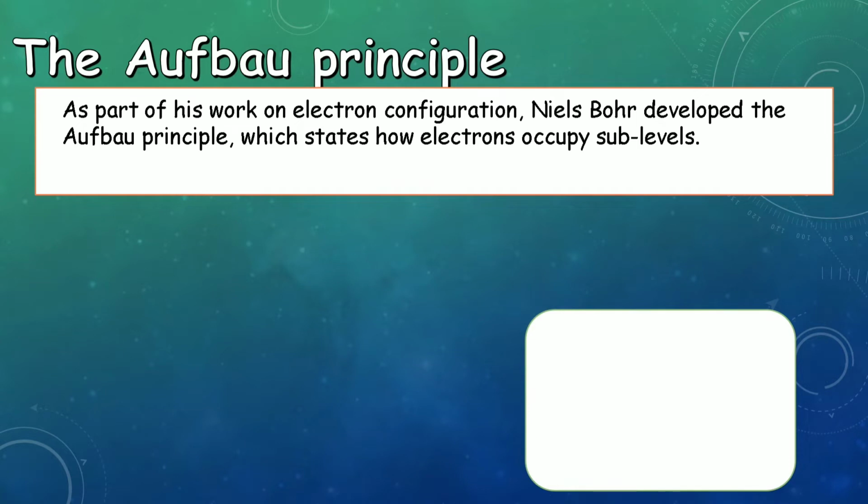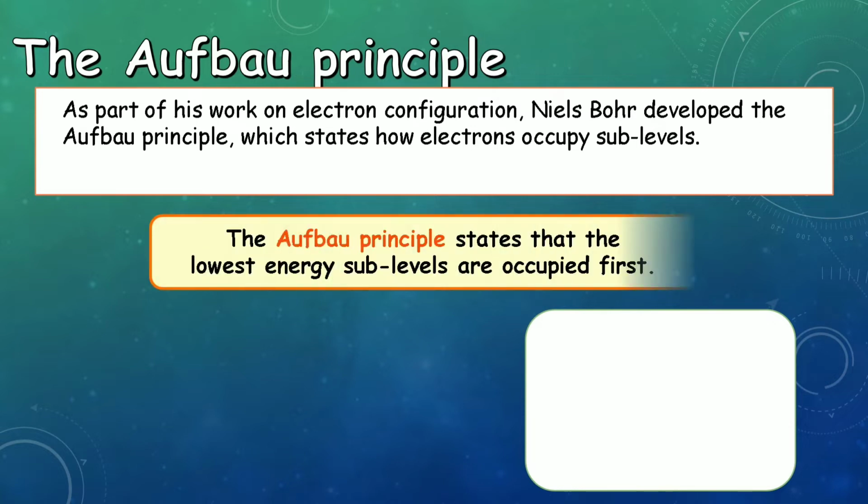Now, let's move on to the Aufbau principle. The word Aufbau came from the German word meaning construction. As part of Niels Bohr's work on electron configuration, he developed the Aufbau principle, which states how electrons occupy the sublevels. The Aufbau principle states that the lowest energy sublevels are occupied first.